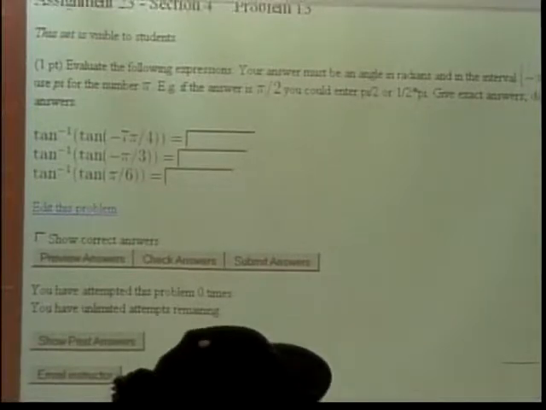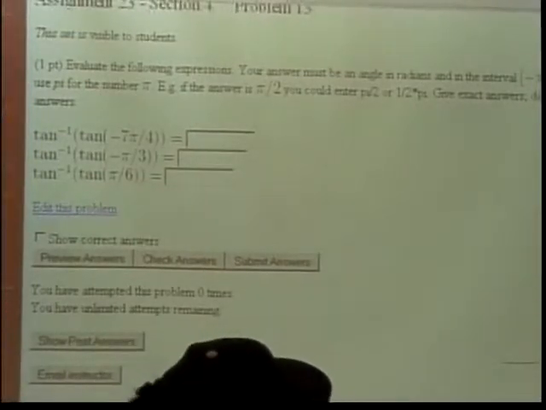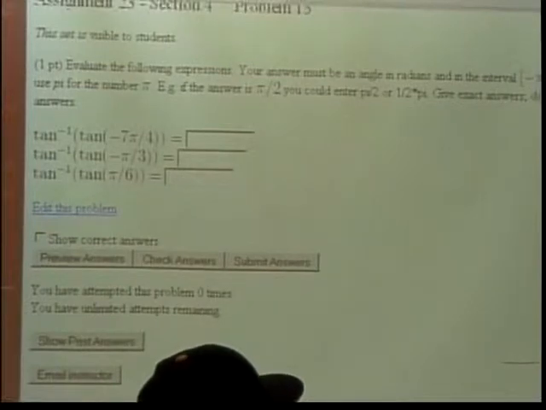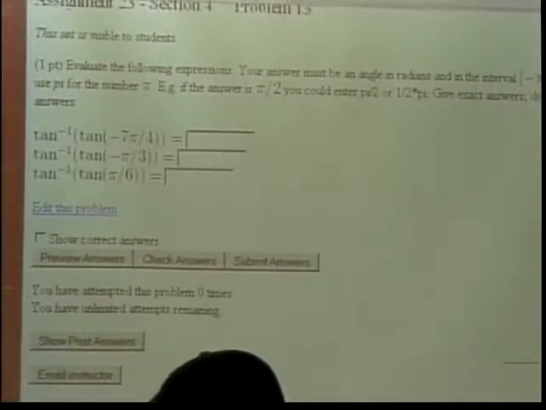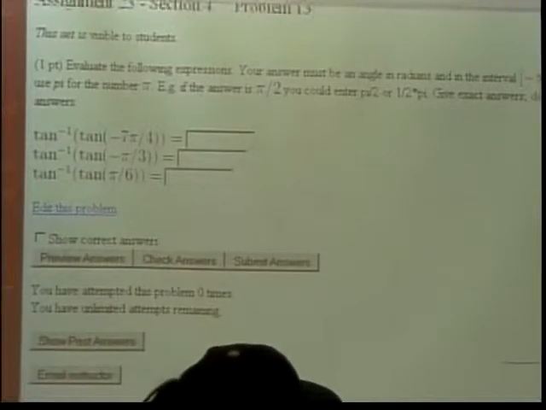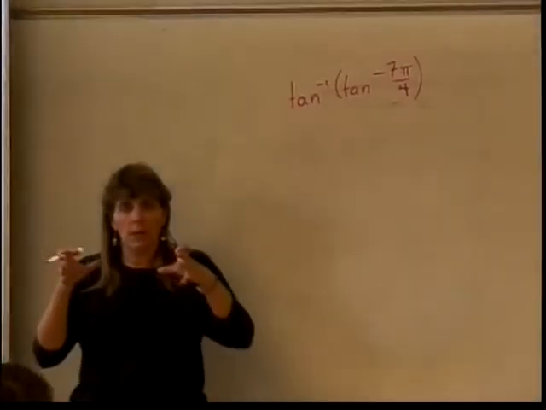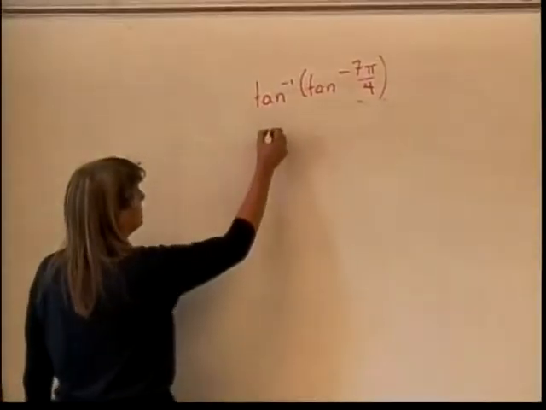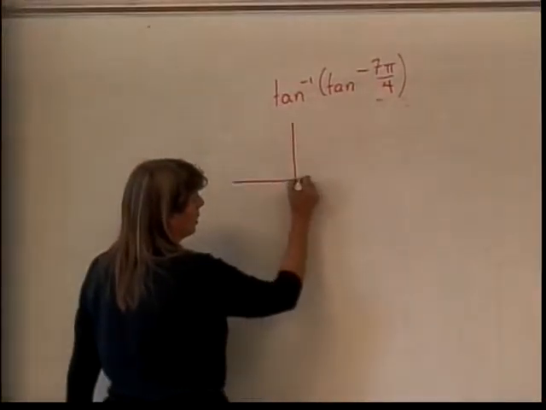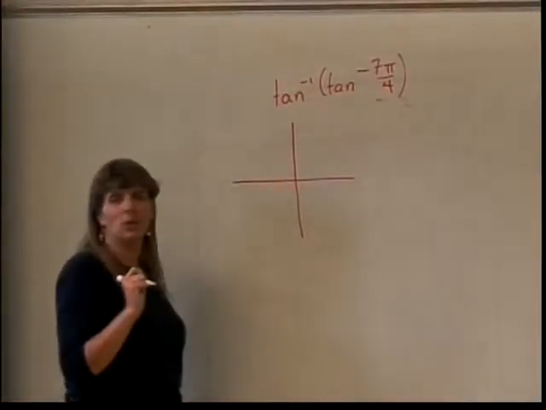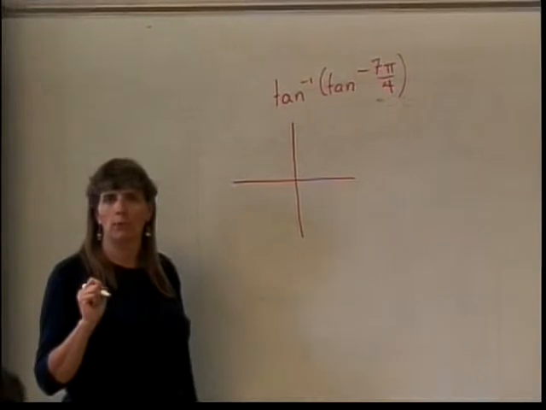So, tangent inverse of the tangent of negative 7 pi over 4. Well, what's the tangent of this negative 7 pi over 4? You want to go through step by step how to get that? Let's do it. Which way do I go to get to negative 7 pi over 4?